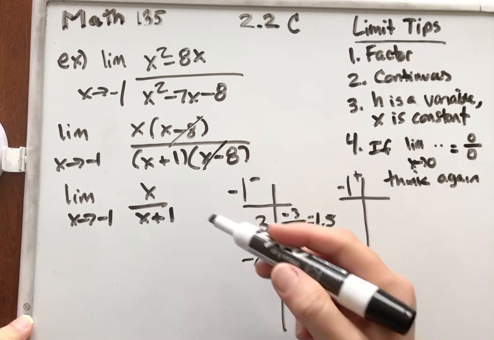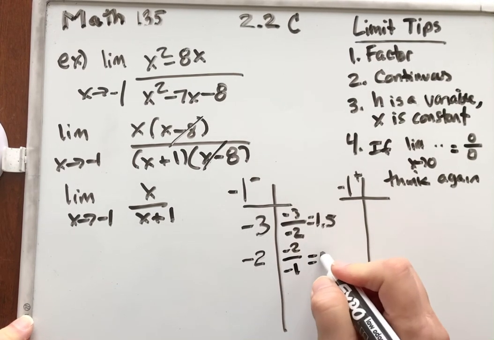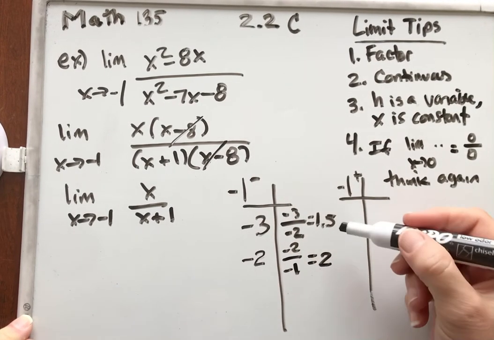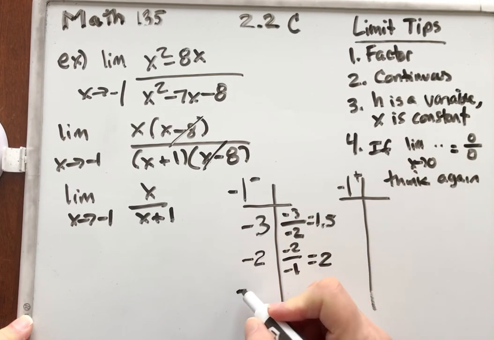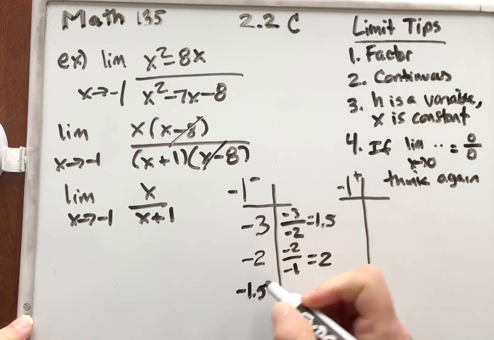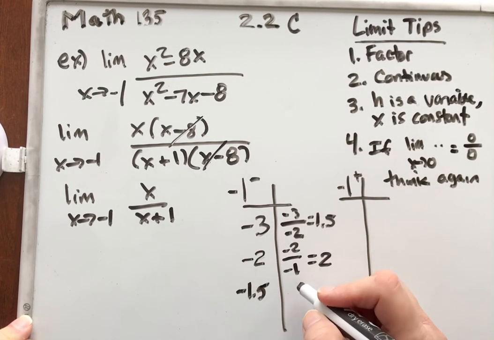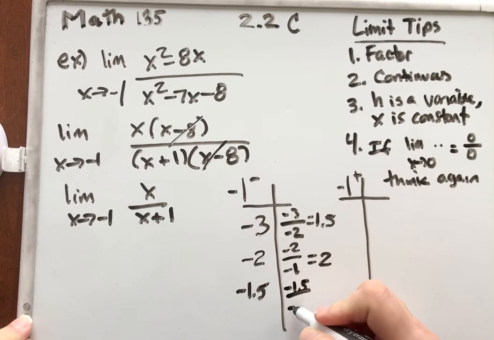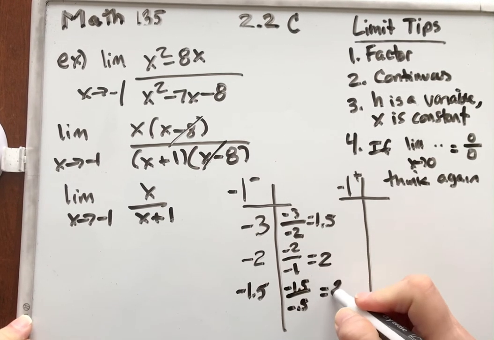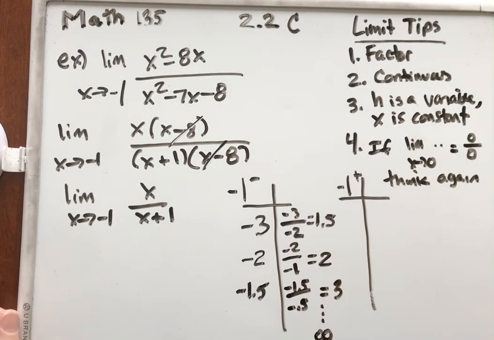If I put a -2 on the top, we get a -1 on the bottom, we get 2. So far it grew. Let's see what happens when we put a -1.5. We're getting closer and closer to -1. We get -1.5 on the top and -0.5 on the bottom, which equals 3. So this is going to infinity.